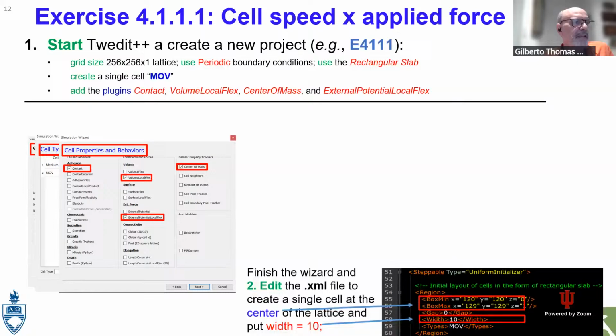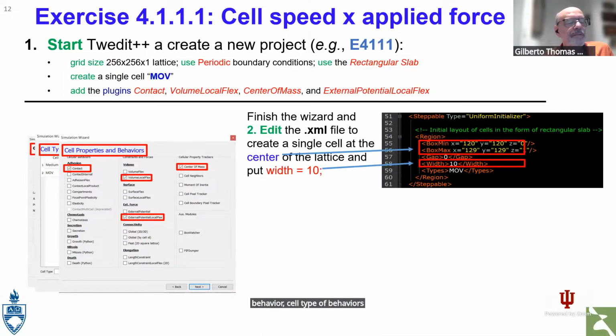Behaviors, cell type behaviors. And now, after your wizard is finished, let's go to XML and change the box min and box max region to 120 to 129 for both X and Y dimensions.